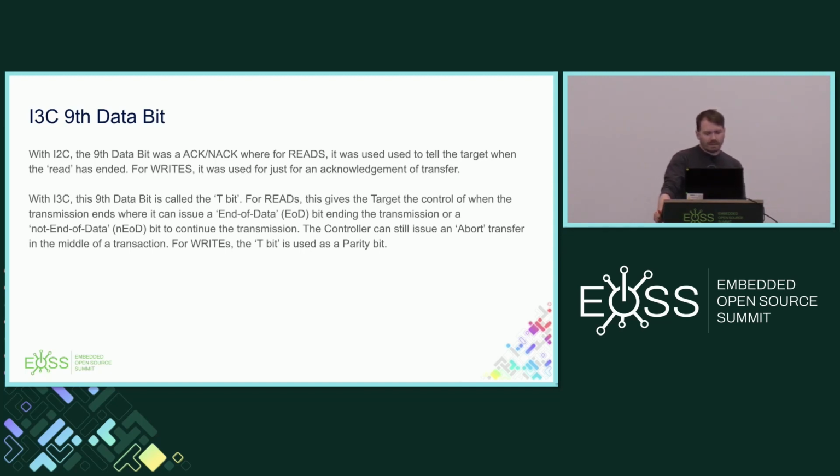It can either say not end of data and it will continue transmitting data, or it says end of data, and that tells the controller, okay, this is the end of the packet. It's still possible for a controller to abort the transfer in the middle of a transaction if the target keeps sending more data than a buffer could allow. But for writes, that T bit is used as a parity bit.